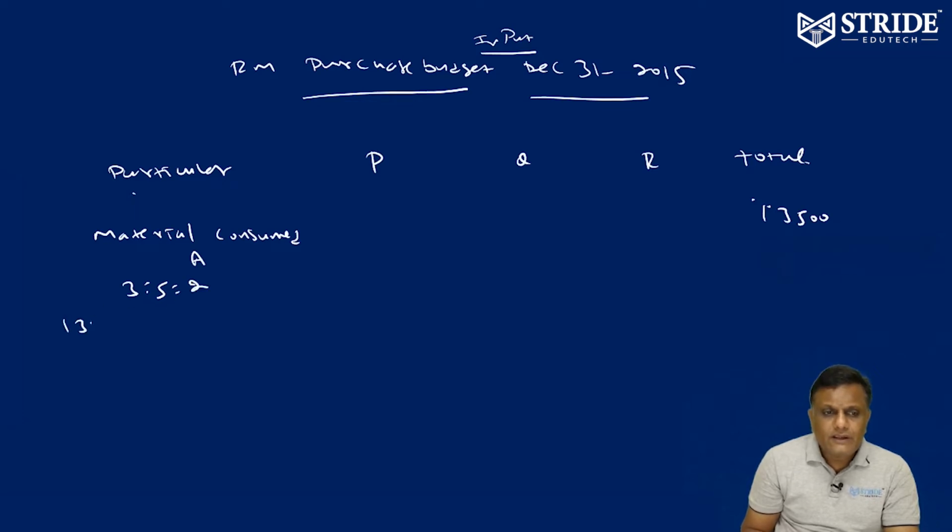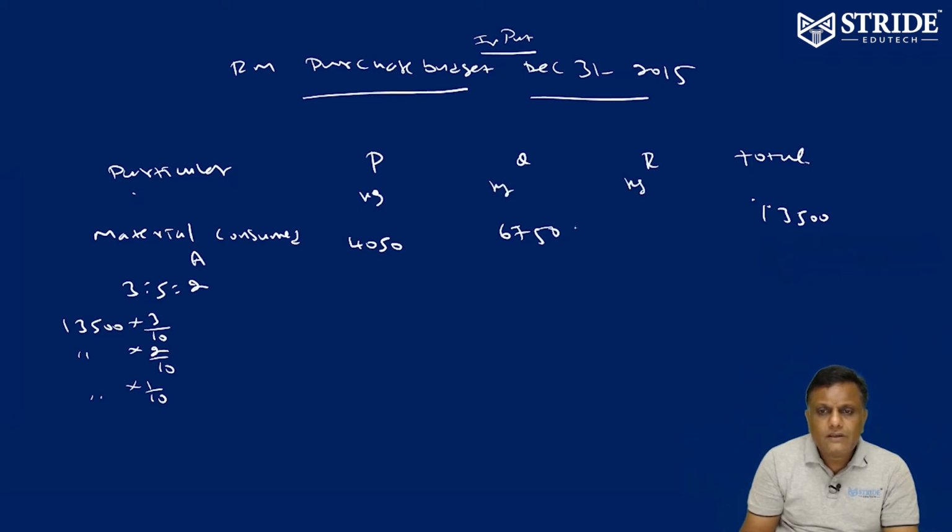That is 13,500 into 3/10, 5/10, 2/10. So 13,500 into 3/10 becomes 4,050 kg, then 6,750 kg, and 2,700 kg. This is the material consumed for A.